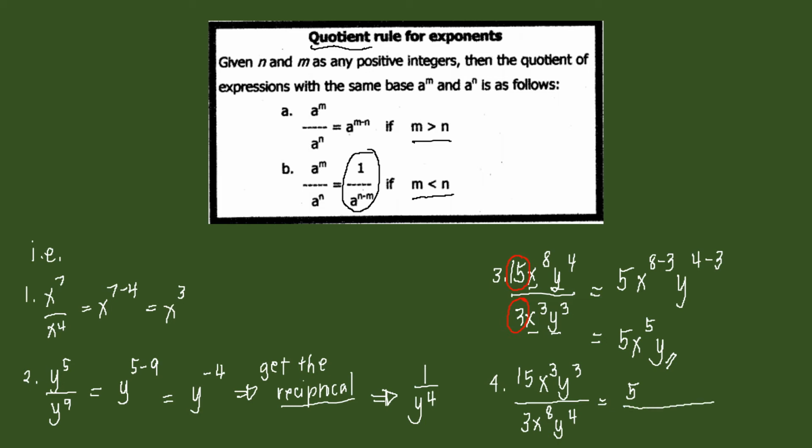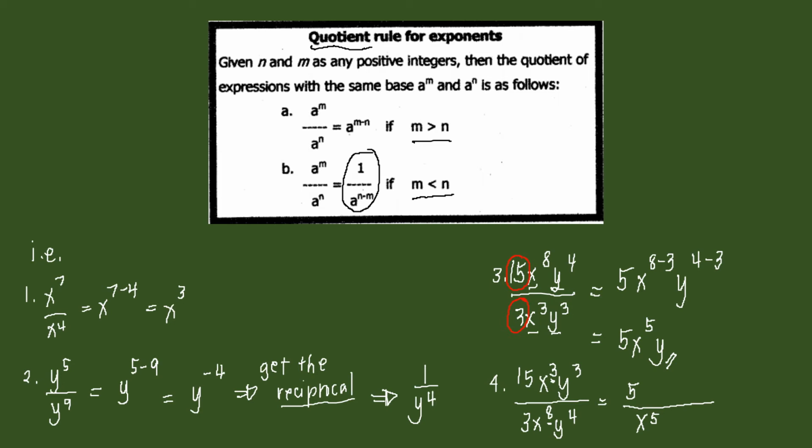Next, since the exponent in the numerator is smaller than the one in the denominator, I will subtract them. So 8 minus 3 is 5. But I will put the answer at the denominator, because x to the 8 has a bigger exponent than x cubed.